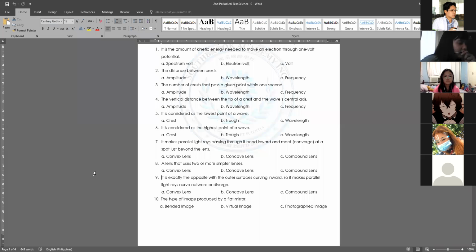It is exactly the opposite, with the outer surfaces curving inward, so it makes parallel light rays curve outward, or what's that? Diverge. Concave lens. Okay. Again, concave lens.